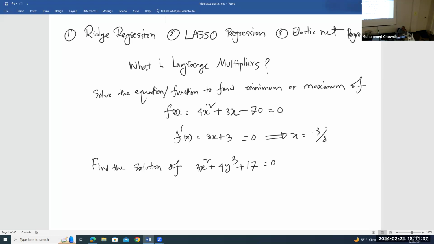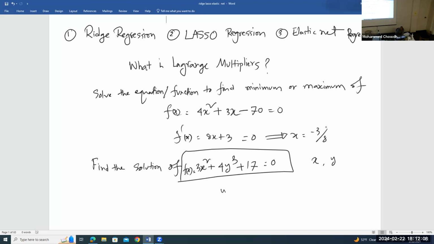Understand? This function you want to solve, like f(x) equal to this. You are asked to find the solution of x and y. What is the value of x and y? So this is the equation which has two unknowns, right?